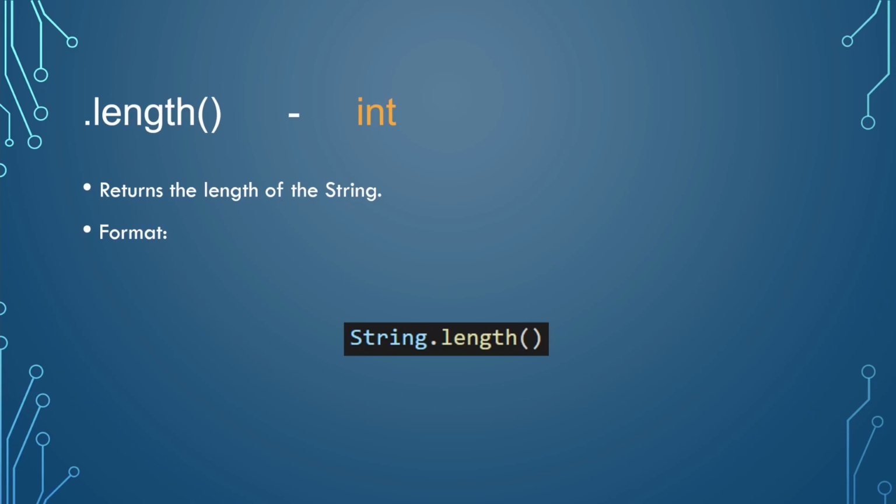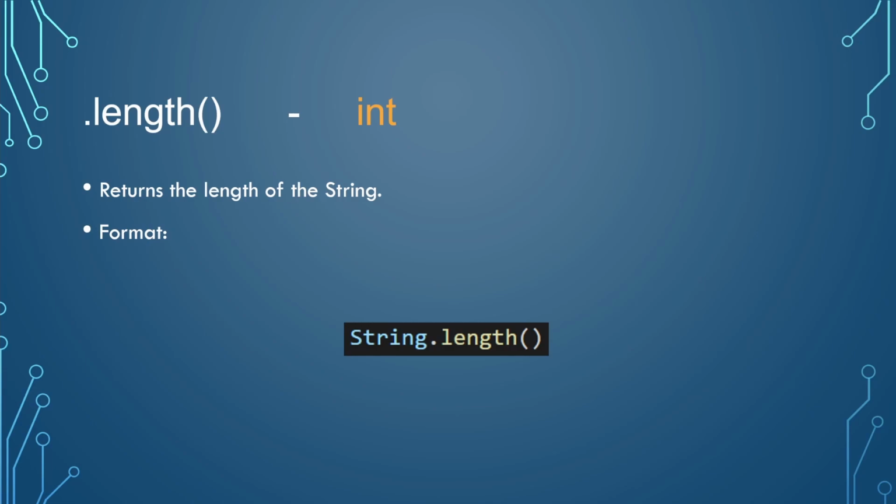Next, the .length. This is one of the most useful string functions, mainly because it provides us the length of the string pretty quickly instead of using a for loop. In fact, using a for loop isn't even safe, because if we were to reach an index beyond the length of the string, we would receive a failure within the program.